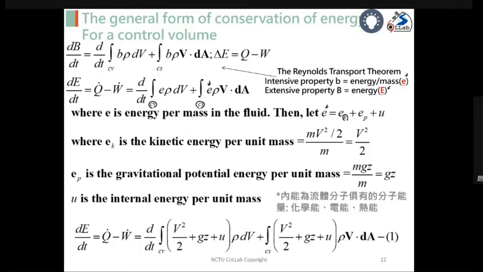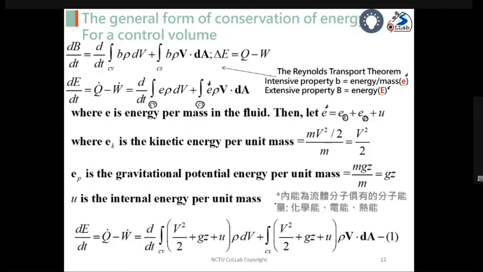So what is the small e in here? It's the energy per unit mass in the fluid. So we know that the e includes the kinetic energy, potential energy, and finally the internal energy. Kinetic energy is equal to V squared over 2.